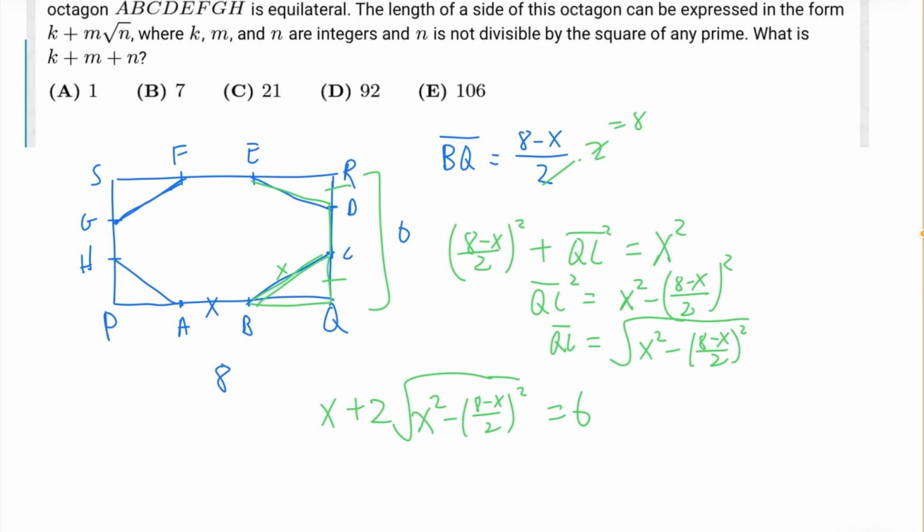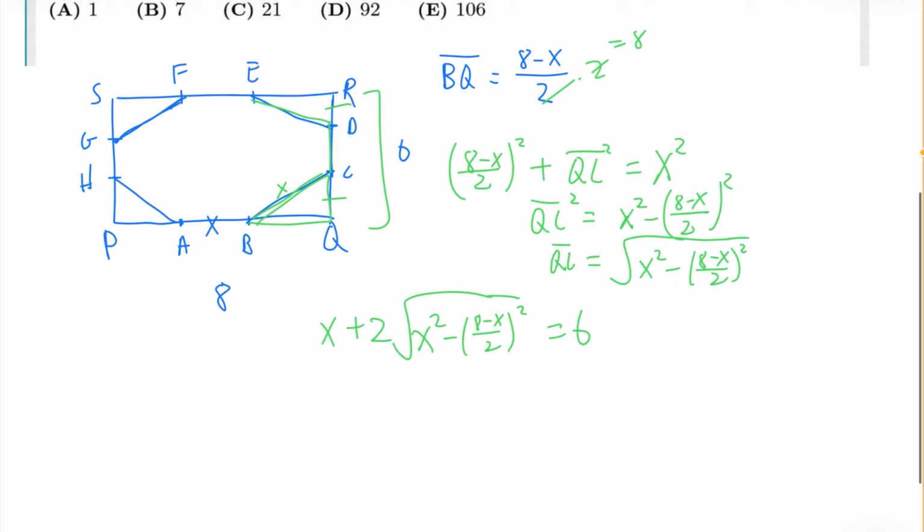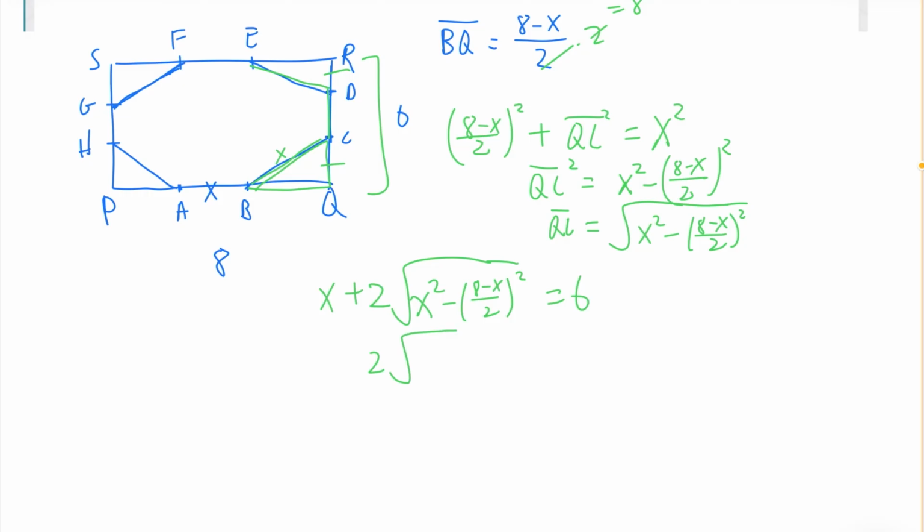So now the next step is to simply solve for x. I'm going to subtract x over to get this equation right here, and then we can divide by 2. And then we can square both sides. And now to get rid of the denominator, I'm going to multiply everything by 4.